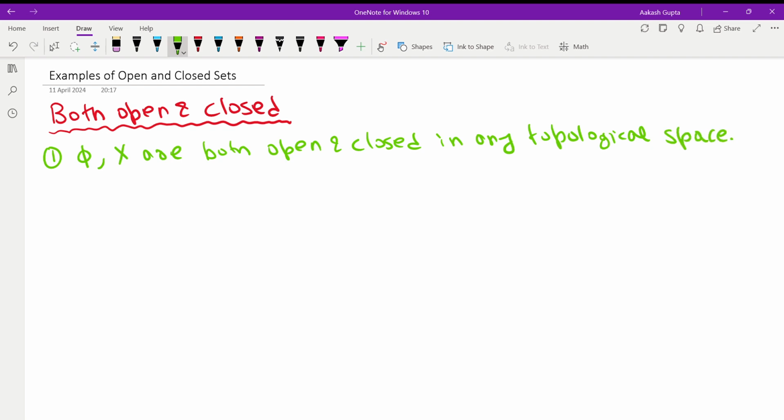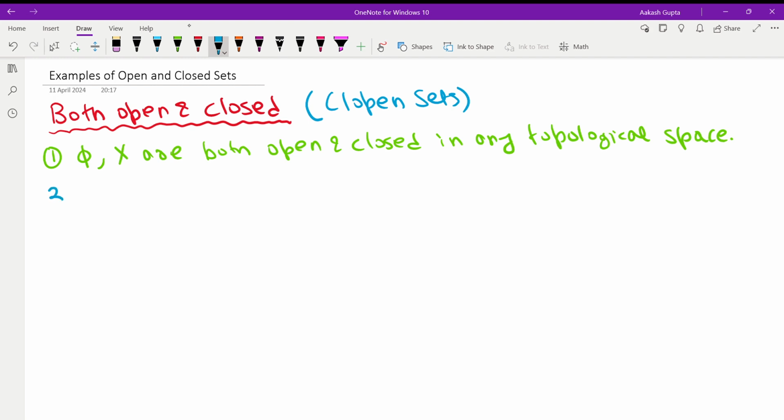By the way, there is a name for such sets. What do we call these sets? Clopen sets. I'm writing here in brackets, it means both closed and open.